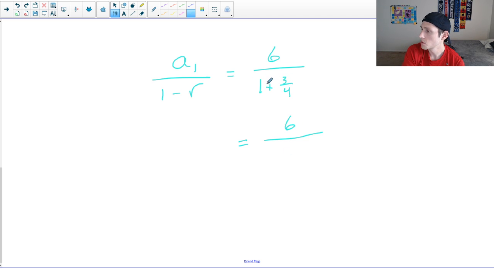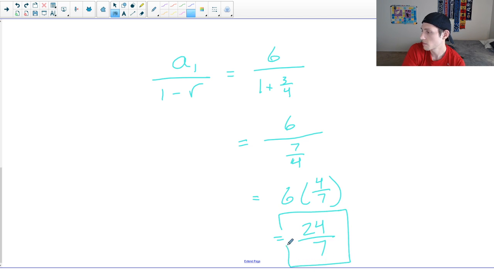One plus 3/4, so I want to think about 1 as 4/4. That would be 7/4 in the denominator. Multiply by the reciprocal, so 6 times 4/7. 6 times 4 is 24. So 24/7. That is the infinite sum.